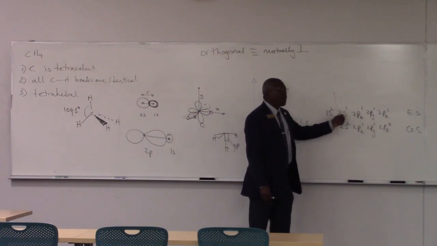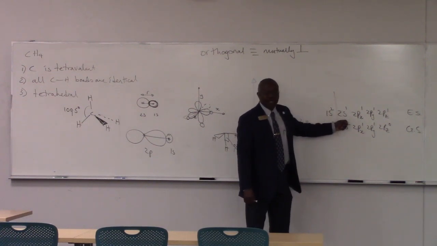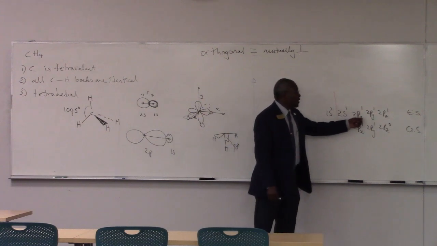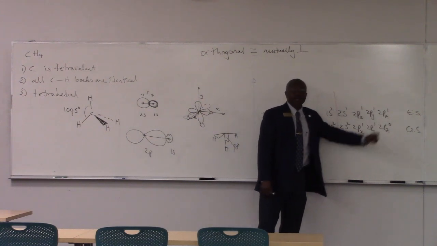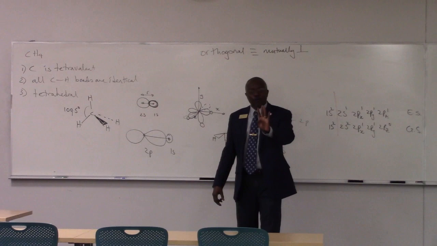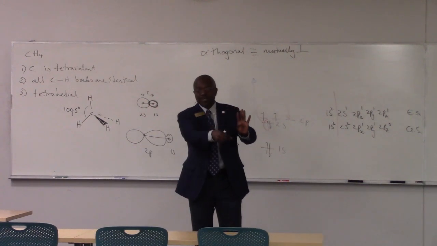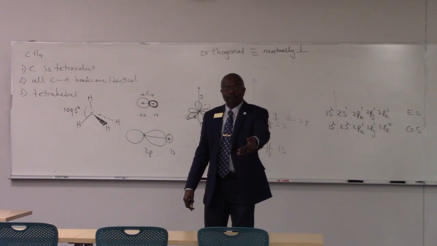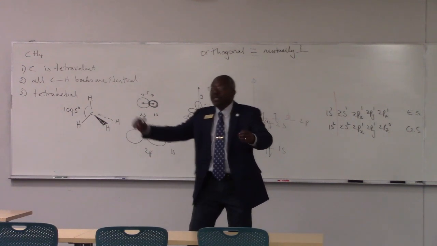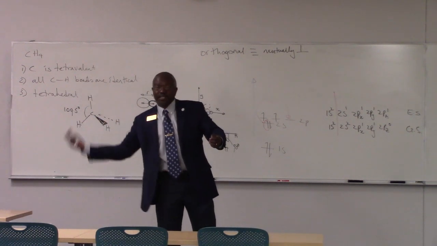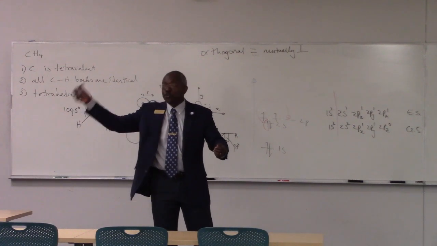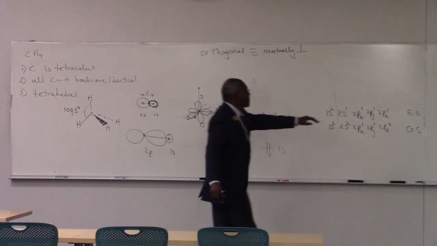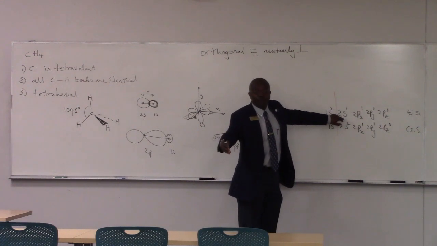I have 1 s that I'm going to mix with 3 p's. If I put in 4 orbitals, an s and 3 p's, I must get 4 orbitals out. Right? Orbital conservation. I mix the 1s to the 1s, I got the sigma 1s and the sigma star 1s. 2 for 2. If I am mixing 4, I must get 4.